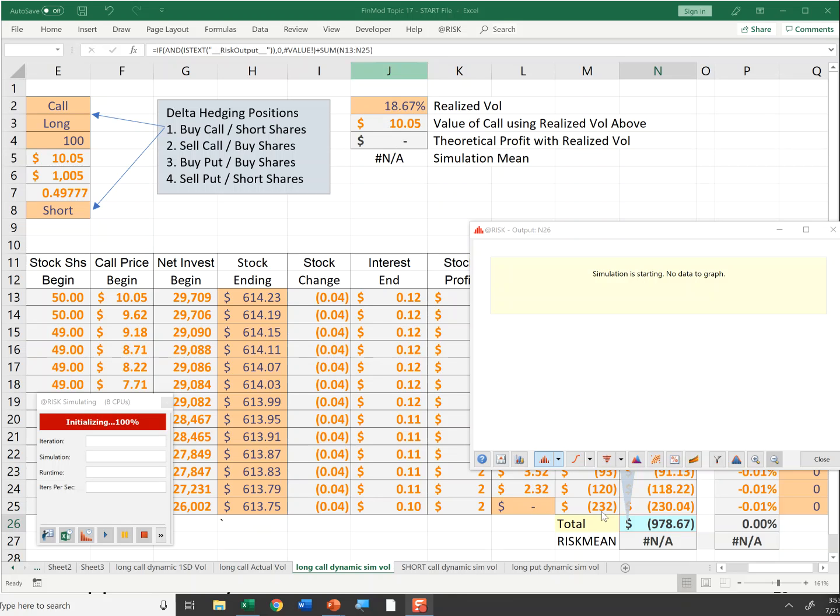So what I expect is after these 10,000 iterations are done, and I look at the distribution and calculate the mean right here, I'd expect that mean P&L to be very close to 0, because the realized vol, I'm modeling it as if it is equal to the implied.